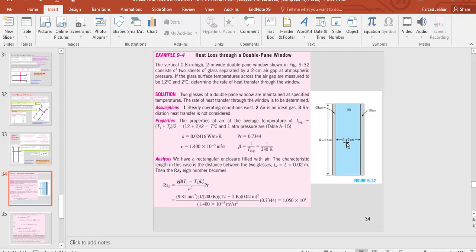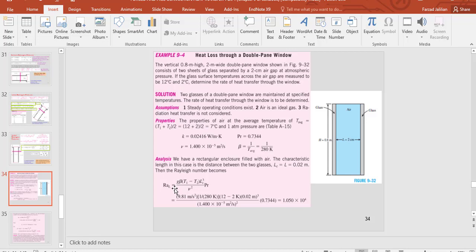Also, you can see here we don't have forced convection, it is natural convection, no pump, no fan. So we may have only natural convection. We should check. Then we should calculate the Rayleigh number and compare it with that value I told you, 1700 something.